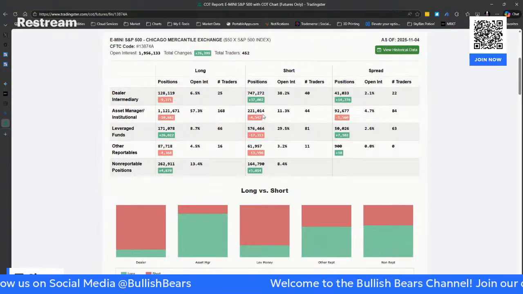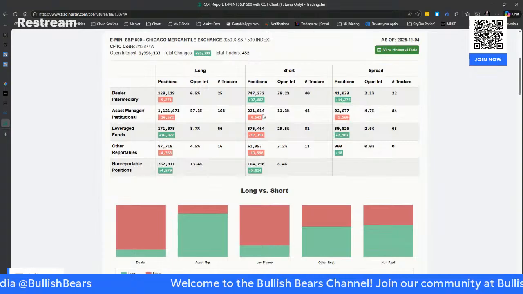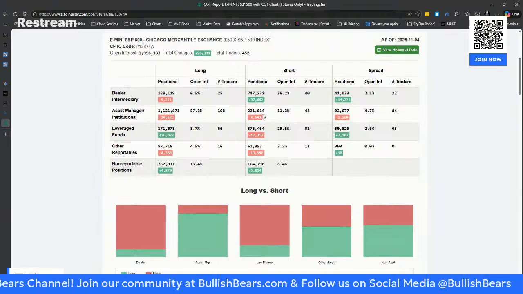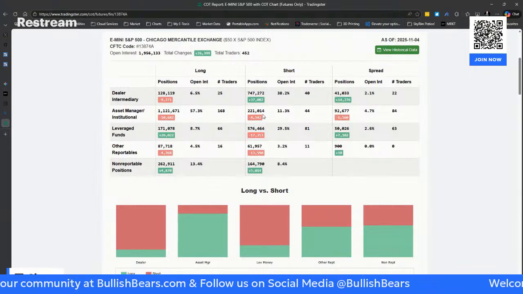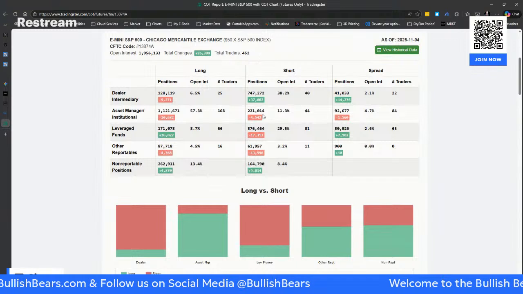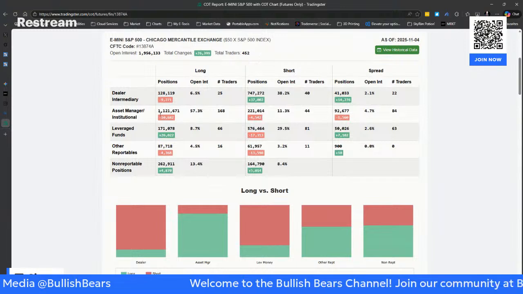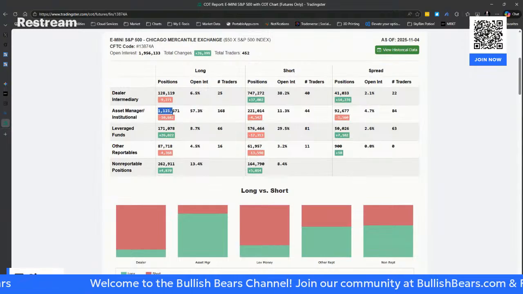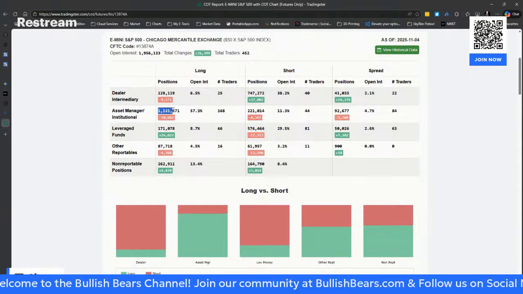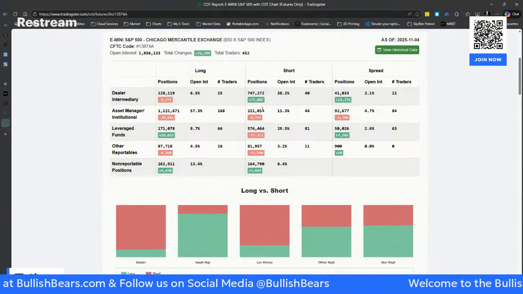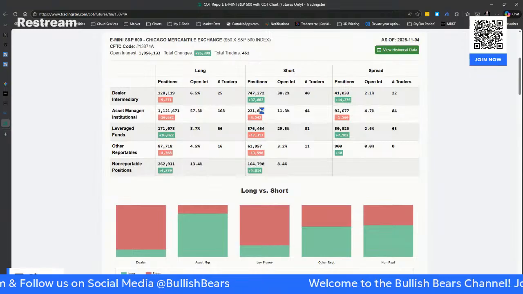And if they want to reduce their risk, they can, of course, exit some of their longs, but they can also increase some of their shorts if they want to decrease their long exposure. If they were to try to get out of all of this all at once, notice that it's not saying the size of their positions, it's just saying that there are this many positions: 1.1 million long positions, 221,000 short positions.